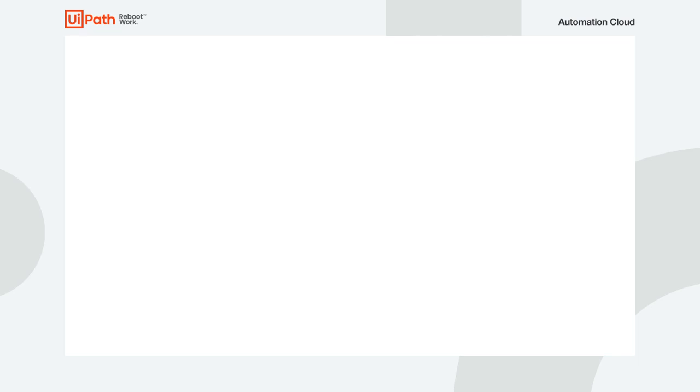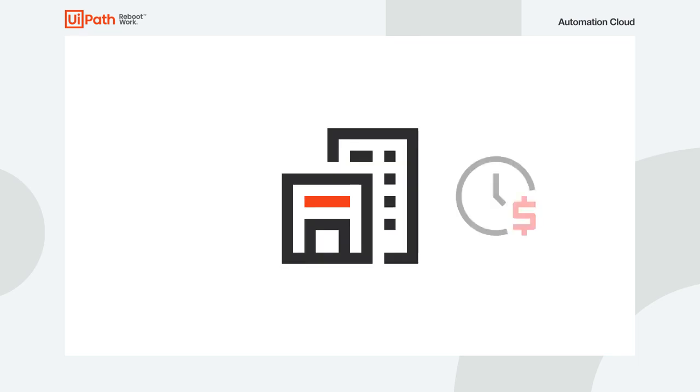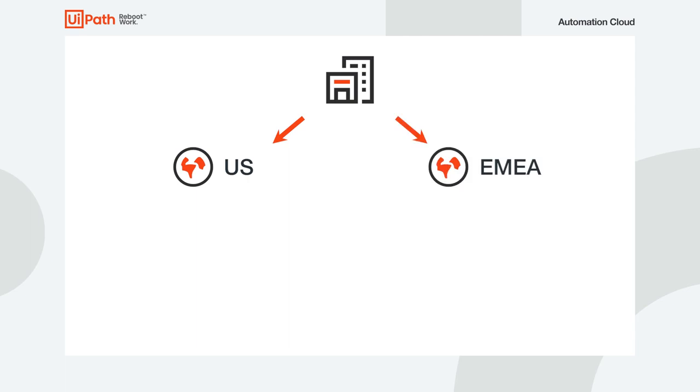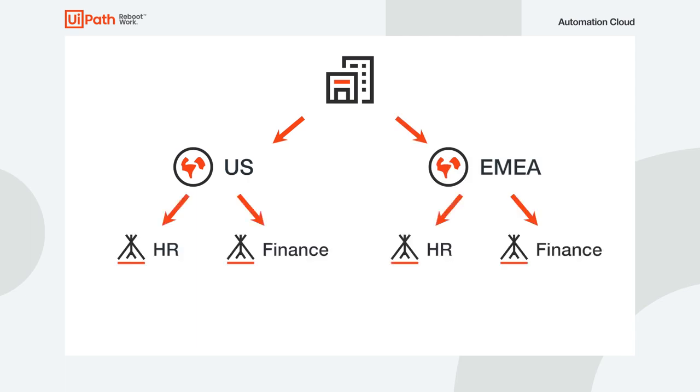Now let's consider an enterprise company looking to deliver faster, but without the expense of upgrading its own infrastructure. This company has branch offices in the US and in EMEA, and each branch has its own HR and finance departments.